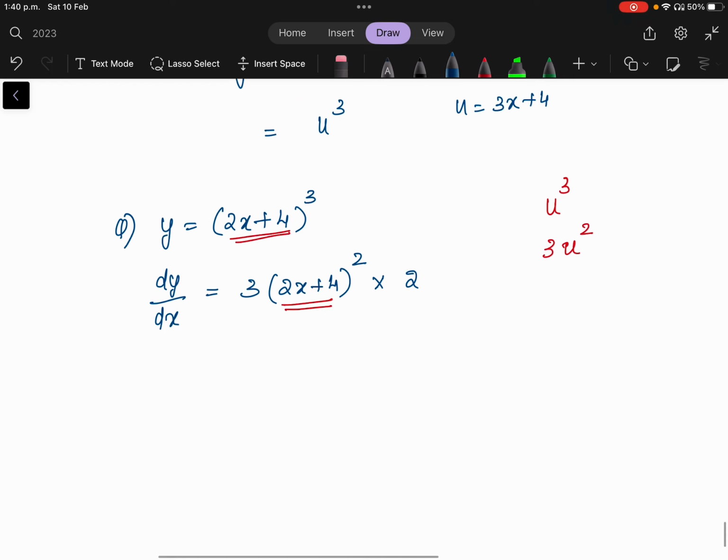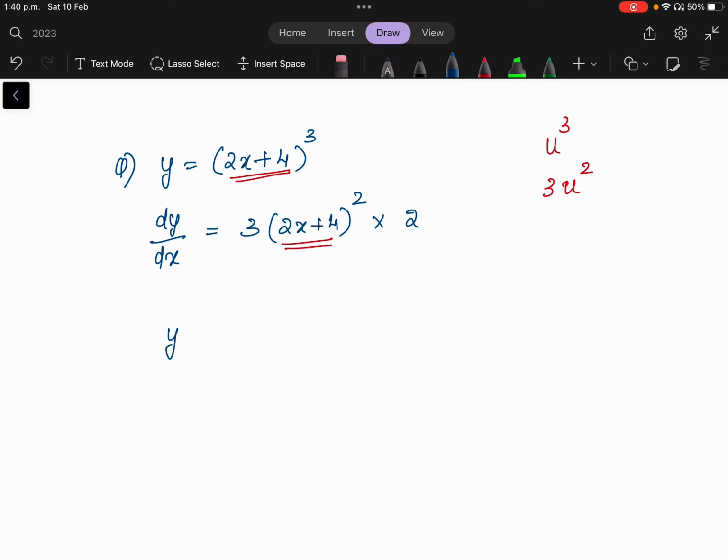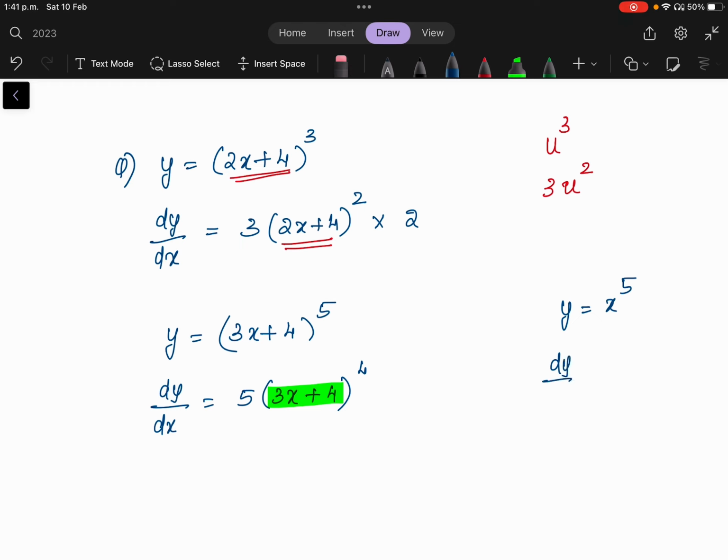One rule I tell everyone is, for example, if I have 3x plus 4 to the power of 5, dy by dx is equal to 5 into 3x plus 4 to the power of 4. That's the first level of differentiation. Then I ask them to check whether the inner part is x. If it is x to the power of 5, dy over dx is equal to 5x to the power of 4, and in that case it is x.